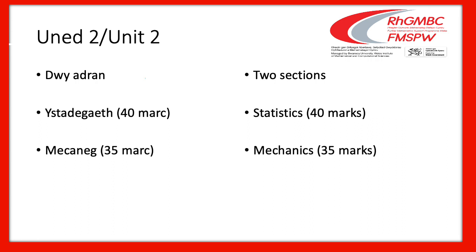Now, a lot of the areas of statistics, the probability work, the diagrams that you will use in statistics, cumulative frequency diagrams, box and whisker plots, you've covered at GCSE. The A-level topic, or AS level topic in this case, will take it a little bit further, insofar as you'll probably look at outliers.